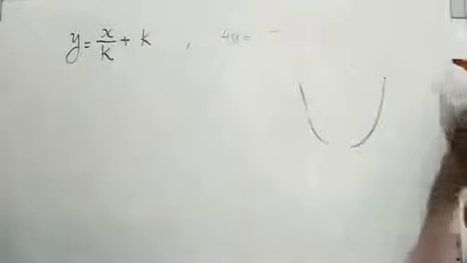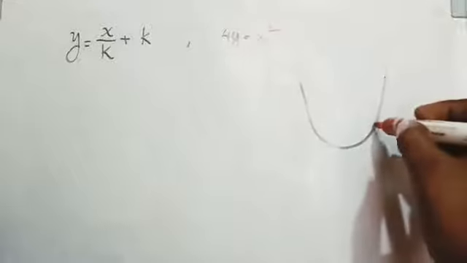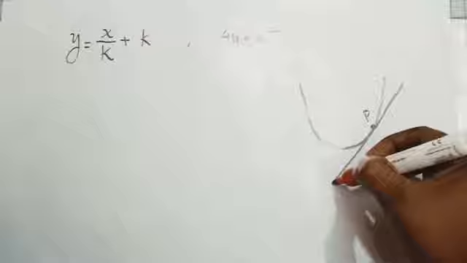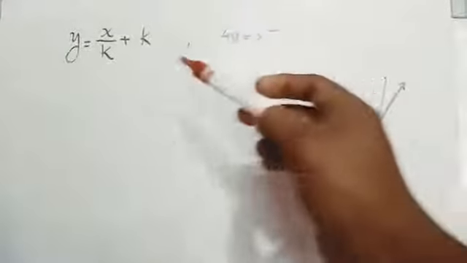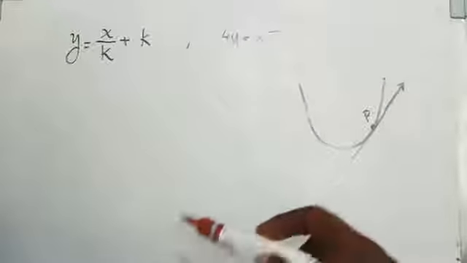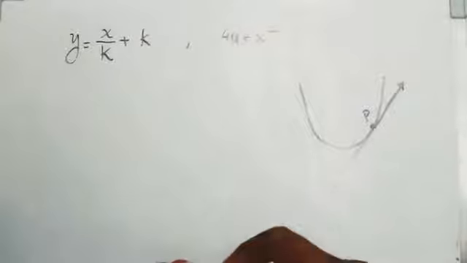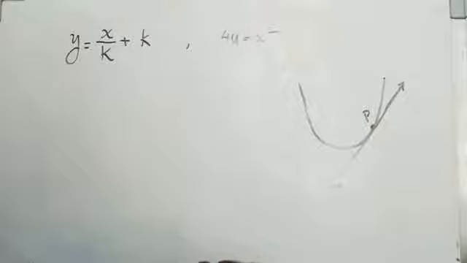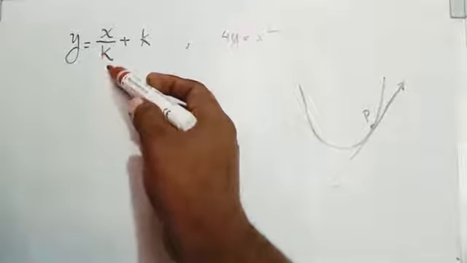We have a curve 4y is equal to x squared, and there is a tangent at a point P. Now the first question is to find the value of k, and let's find the gradient of the tangent.